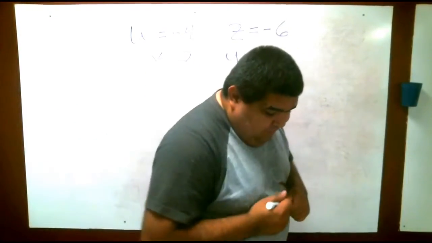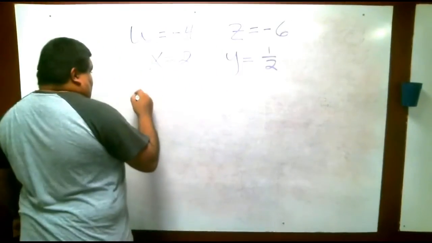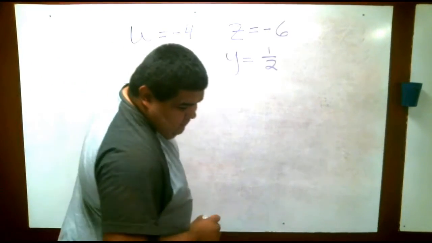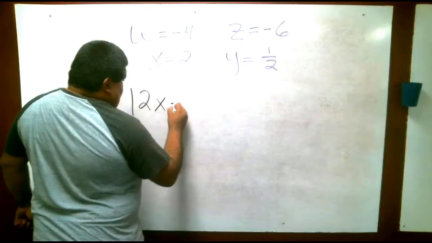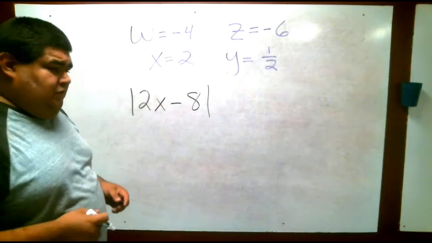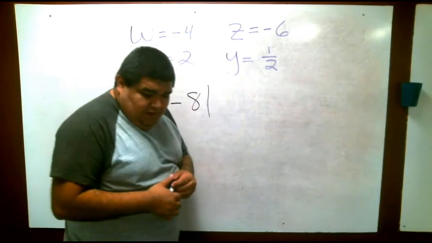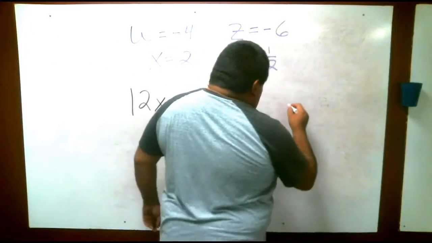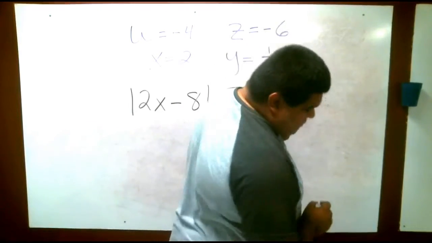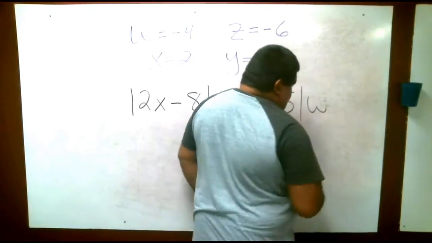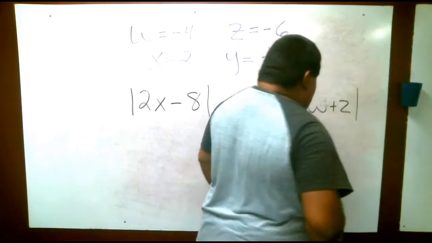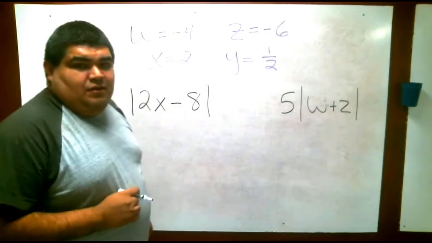So your examples for today are, number 1, the absolute value of 2x minus 8. Okay? Very simple, a very simple one. That's your first one. Your second one is 5 times the absolute value of W plus Z. Okay?